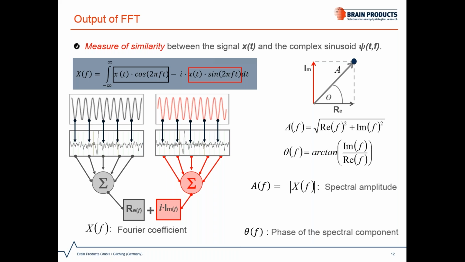The magnitude, or the so-called absolute value of the coefficients, corresponds to the spectral amplitude, or the strength of the frequency component of the signal at a particular frequency bin. And squaring the amplitude value will result in spectral power.